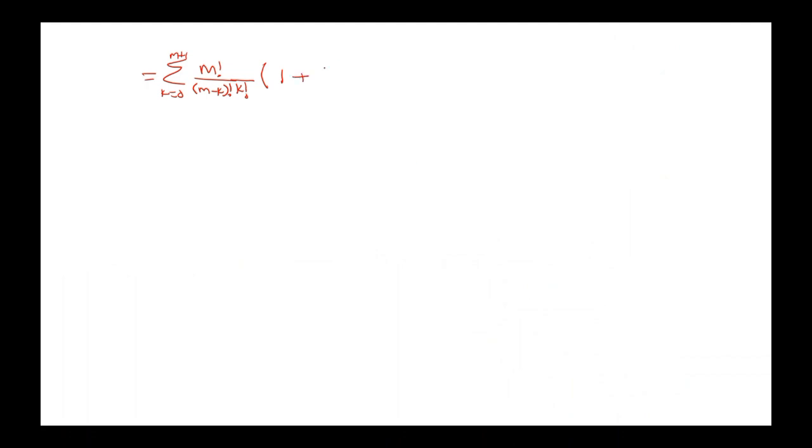So we have plus k over m plus 1 minus k. Then you have something like that. And then you have the sum for k equals 0 to m plus 1 of m factorial over m minus k factorial by k factorial, then plus m factorial k divided by m minus k.